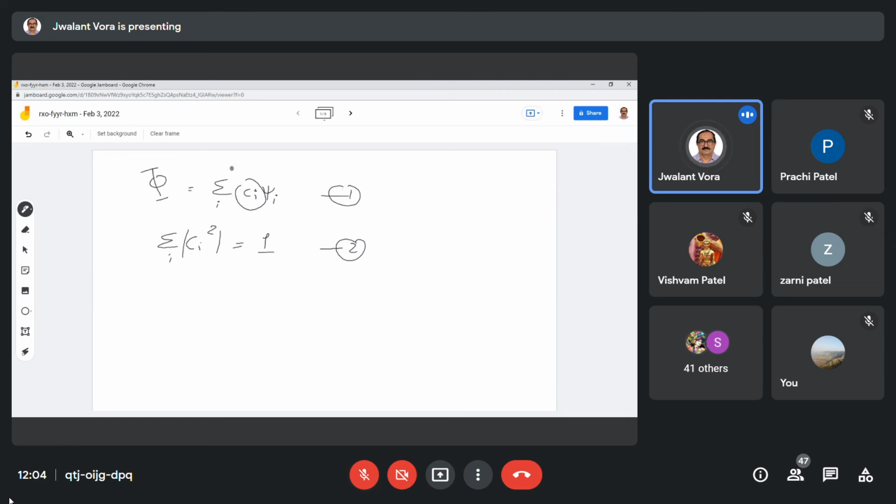Equation 1 ને ફરી લખું છું. Phi is equal to summation over all i ci psi i. Okay.